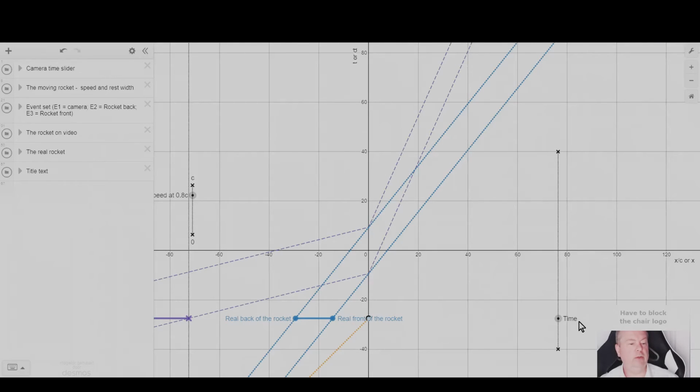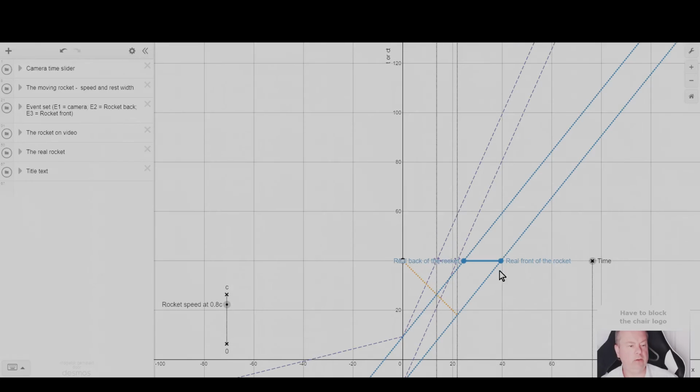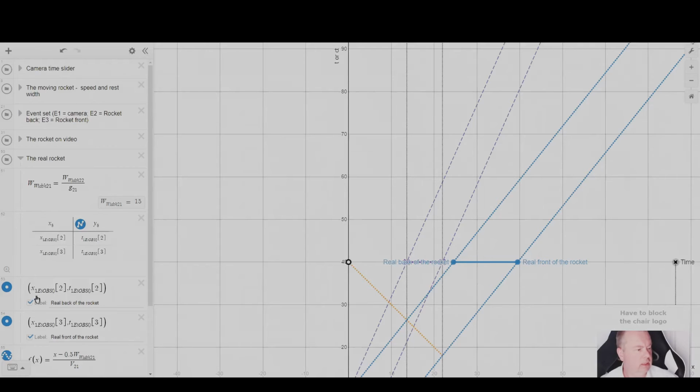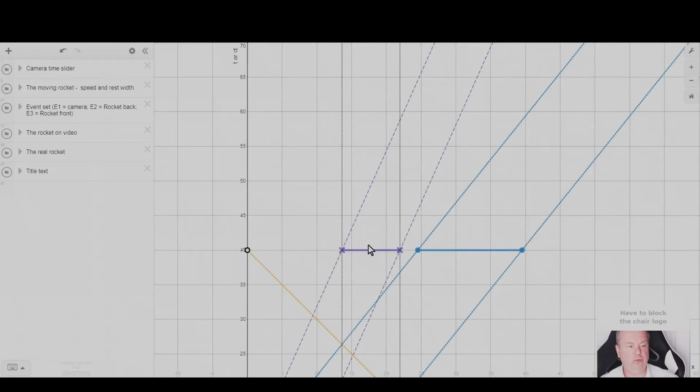Now let's see how this looks when it leaves us. Let's go here. So I'm going to zoom in. I'm going to take away these labels, front and back. I'm sure you now know what these are. So yeah, this looks a little bit more clean. So here again, this is what you see on video, because now at 40 seconds, we have to drop the photon line and intersect it with the back of the rocket, which gives us this point.